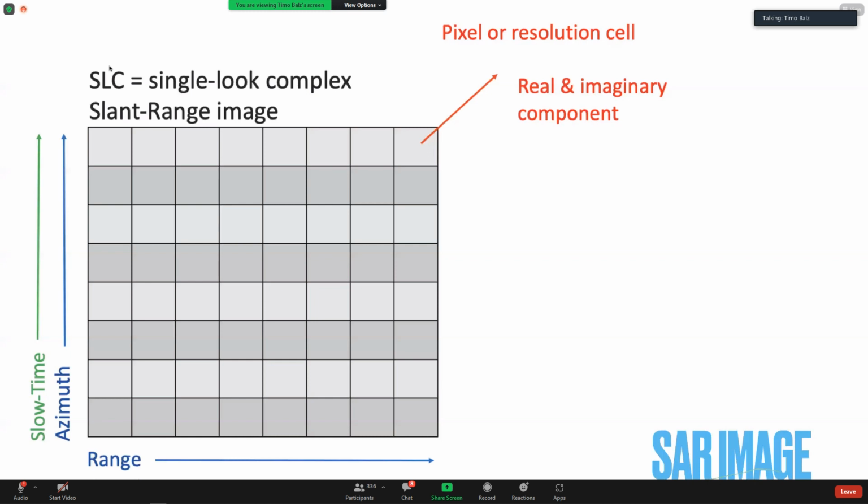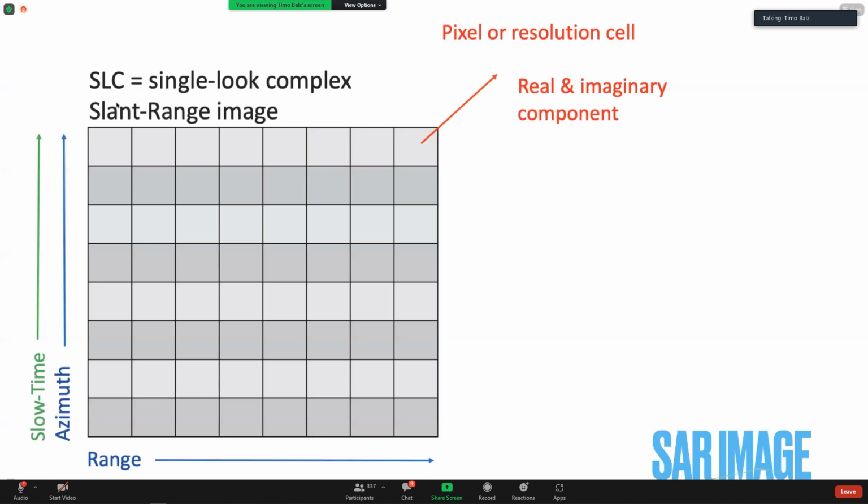Now it is important for you to know these words a bit: range direction, azimuth direction, and sometimes in papers people write fast time and slow time. You don't see these two words very often, but you see them sometimes. Then you have the SLC image, the single look complex image.